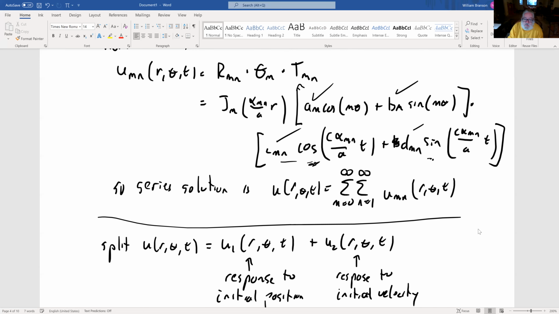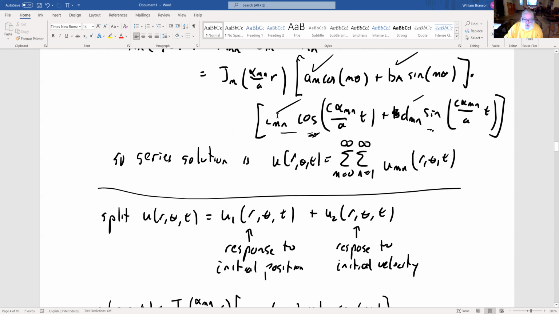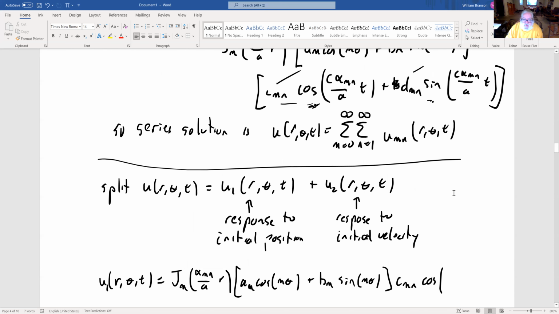And then the entire theta part, Am cosine m theta plus Bm sine m theta, and then just times the cosine part of the time equation, which is Cmn cosine of, no, what was the coefficient there? c alpha mn over A t.